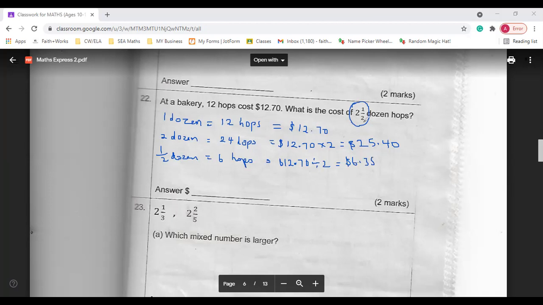Now we can add them all together. You're adding these two. $25.40 and $6.35 is going to give you a grand total of $31.75. And that's how we solve that one.